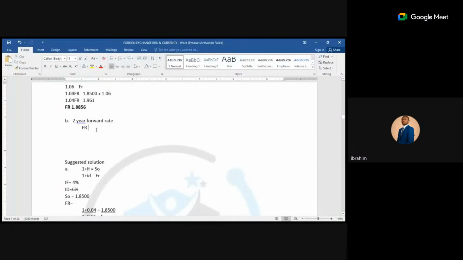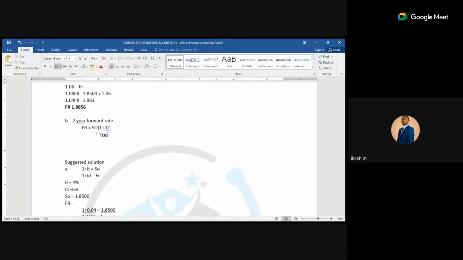Forward rate equals the spot rate, SO, times 1 plus IF raised to the power of n, divided by 1 plus ID.